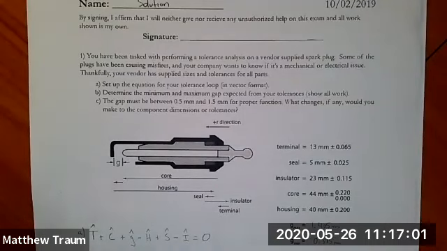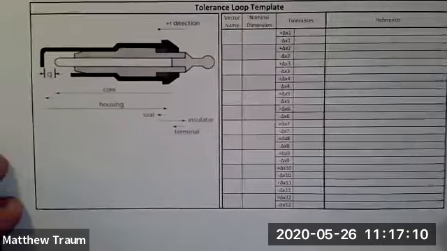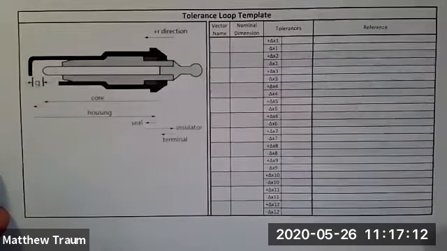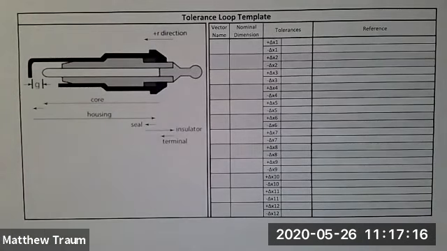Okay, so the place to start then is with the tolerance loop template, which, let me see if I can get it all on the screen. There we go. Okay, so this is a tolerance loop template. I've put on Canvas both an Excel version of it, which is editable, and a blank PDF version of it, which is editable, but not nearly so much.